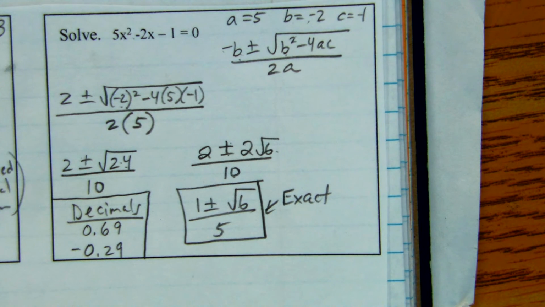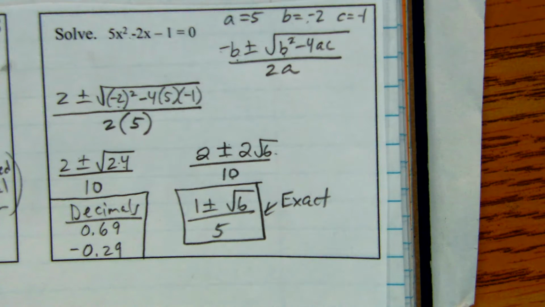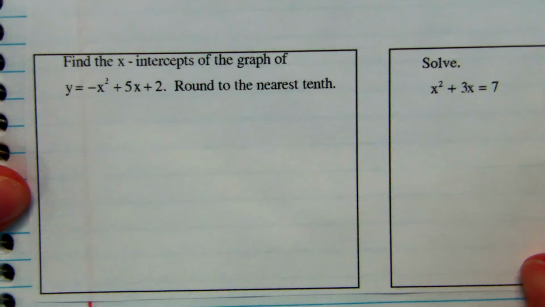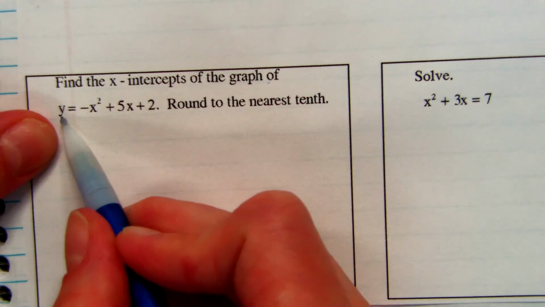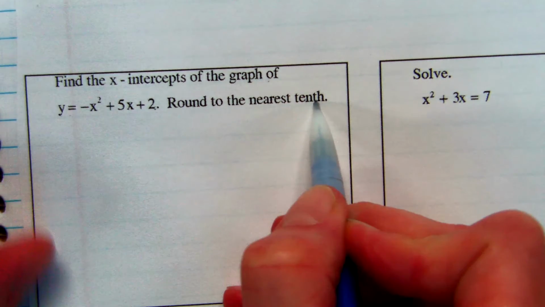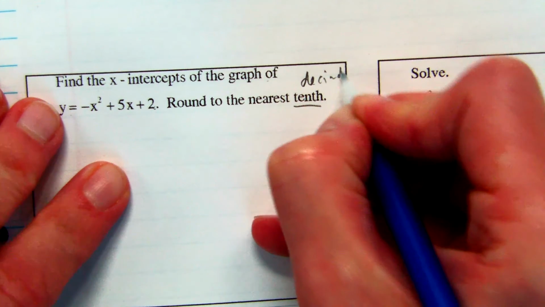So I'm going to show you a couple of things, just little twists on what we're looking for. On the next piece, it asks you to find the x-intercepts of the graph y equals, and it gives us this equation, round to the nearest tenth. It says nearest tenth, they obviously want decimals.